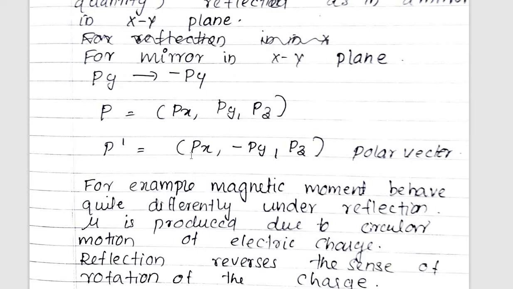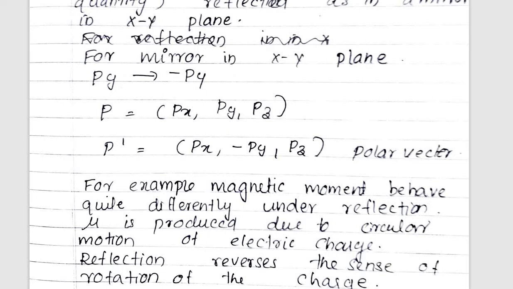So the vectors which transform this way are known as polar vectors. For example, displacement vector and velocity are examples of polar vectors.